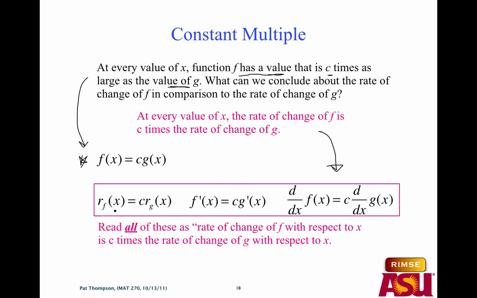So the rate of change of f with respect to x is c times the rate of change of g with respect to x. And the same words describe these two other versions of the notation.